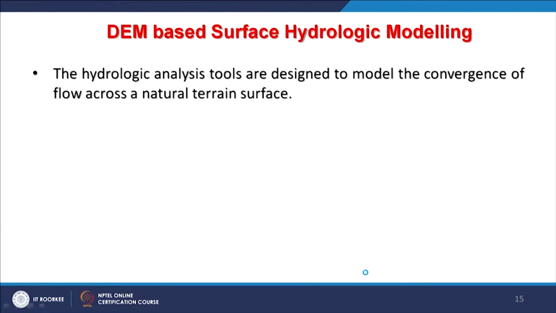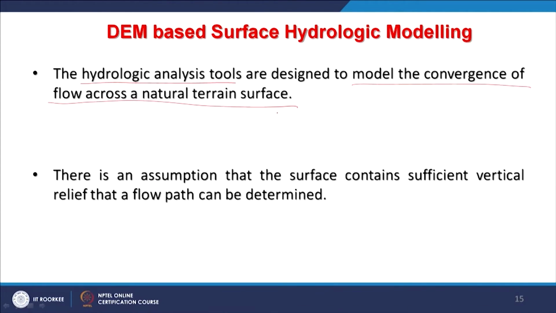Now, once we have filled the sinks, then we come to the next step, and that is flow accumulation, or before that, flow direction. So, these hydrologic modeling tools, or hydrologic analysis tools, basically have been designed to model the convergence of flow across a natural drainage system or terrain.